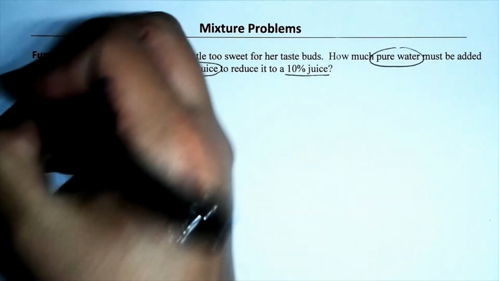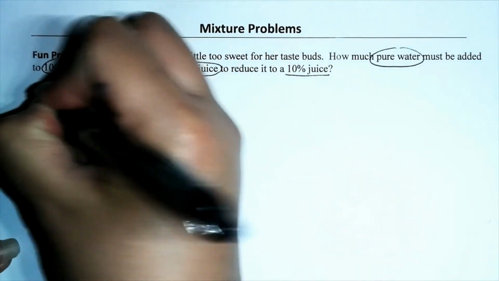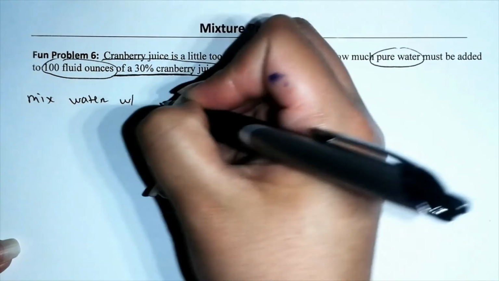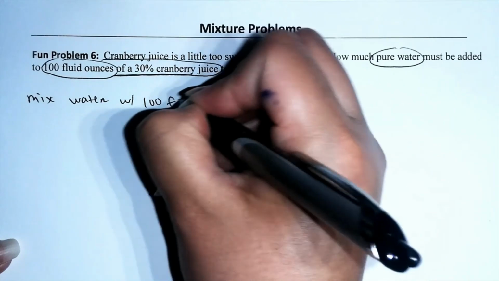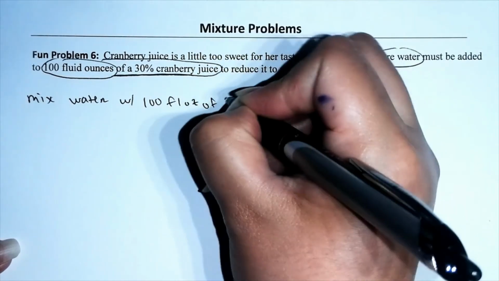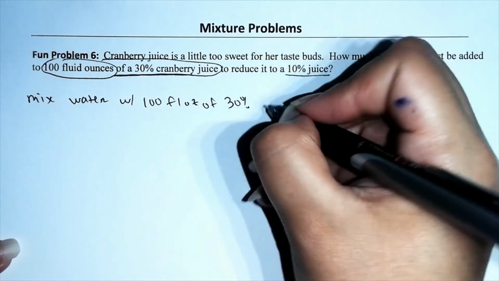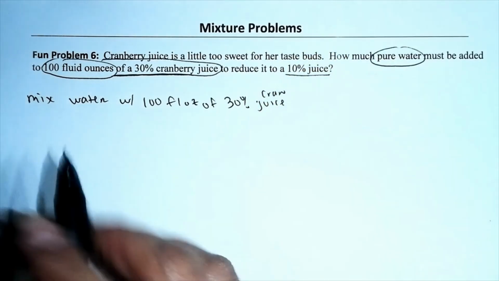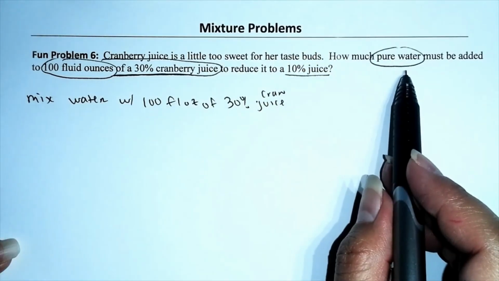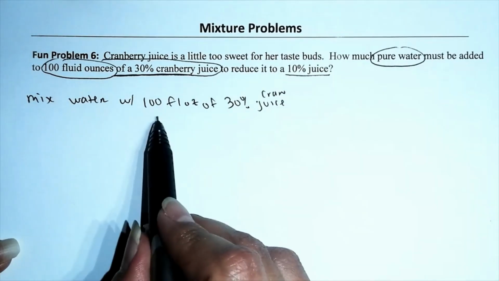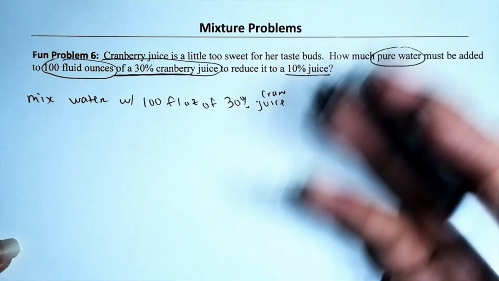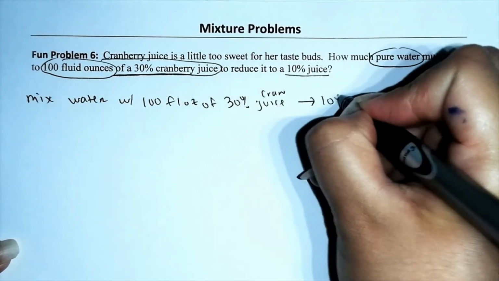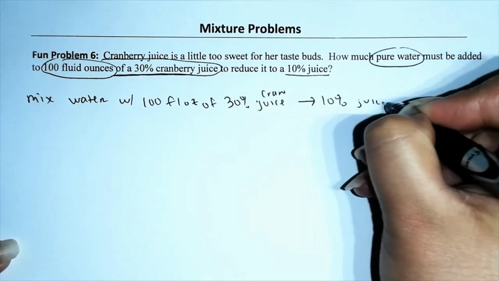So what are we mixing? We're going to take the water, mix it with 100 fluid ounces of a 30% cranberry juice to reduce it to a 10% juice.